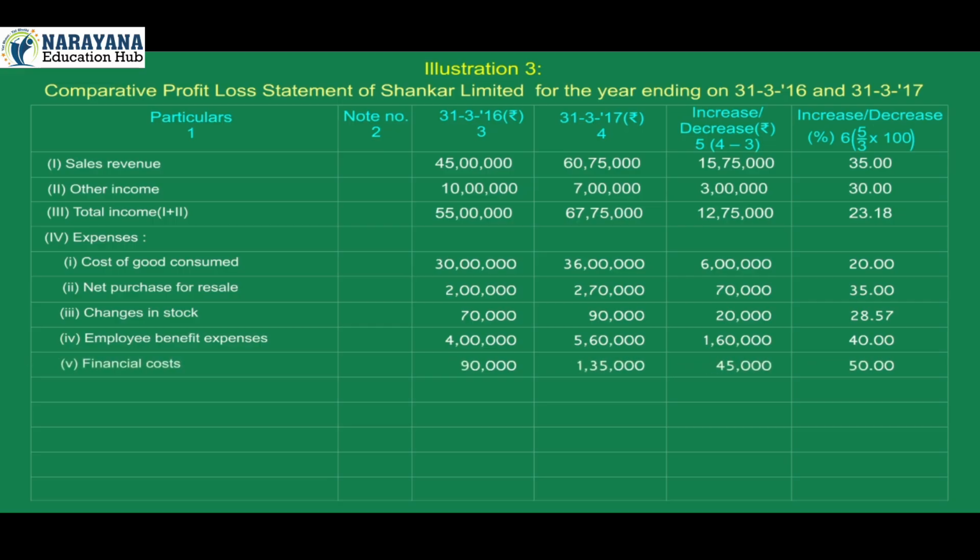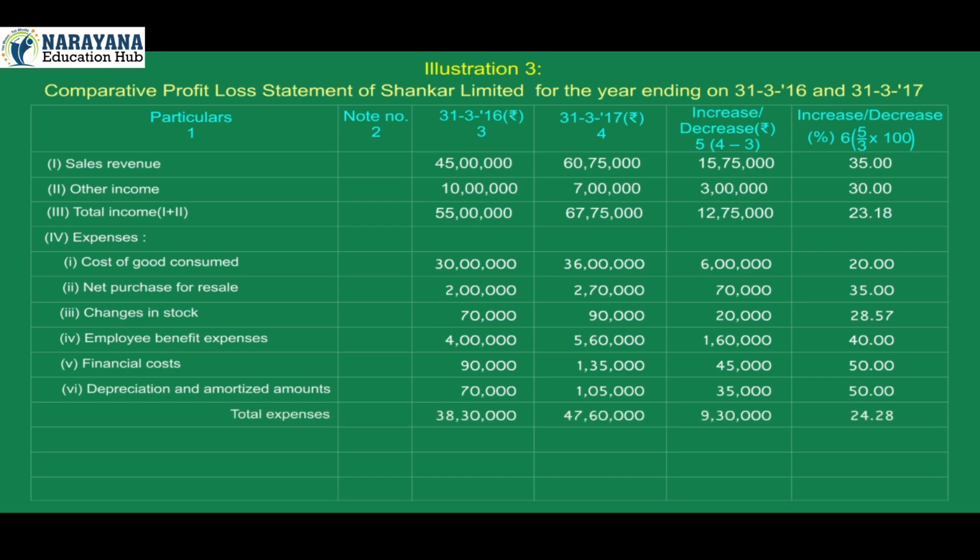5. Financial cost 90,000, 1 lakh 35,000, 45,000, 50%. 6. Depreciation and amortized amount 70,000, 1 lakh 5,000, 35,000, 50%. Total expenses 38 lakh 30,000, 47 lakh 60,000, 9 lakh 30,000, 24.28%. 5.